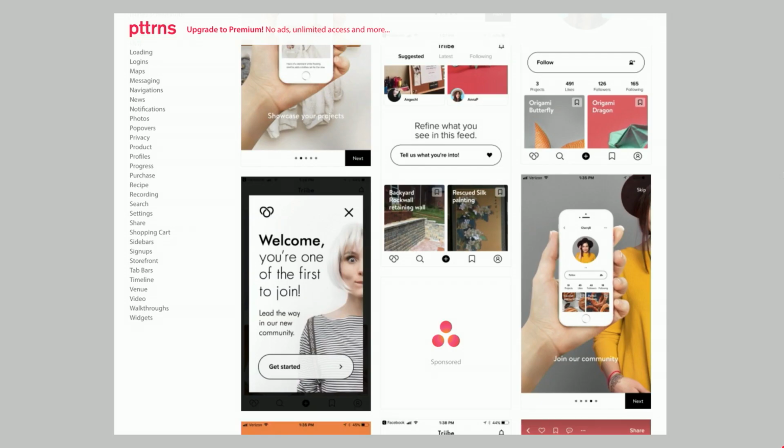So the folks at PTT RNS have started the work of creating a taxonomy of mobile patterns. And of course, Google's material design spec and Apple's human interface guidelines lay out their own platform-specific takes on pattern libraries. These are fantastic resources that we should all rely on, that I rely on all the time. But I would encourage all of us to think of them as starting points, to be followed when appropriate and interrogated when appropriate, not Bibles to be followed to the letter, even when designing specifically for native Android and native iOS.